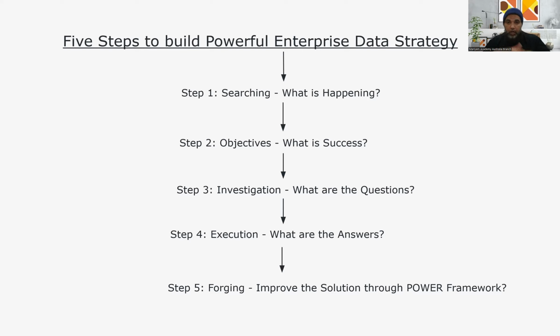Obviously, not in the new solution, but even the existing one. For example, maybe these three systems, the HR, the finance, and CRM, are not designed for integration. So, are there any rough edges that we need to fix? So that's the POWER framework that can help us to forge or improve the solution.